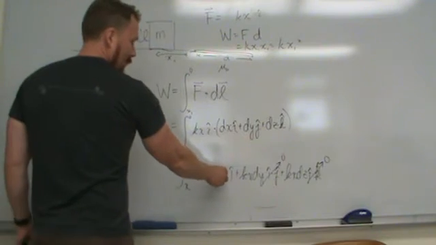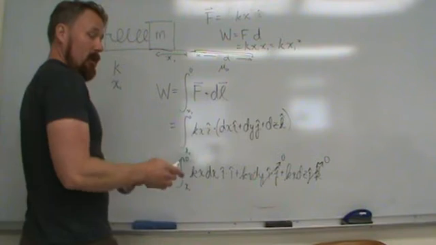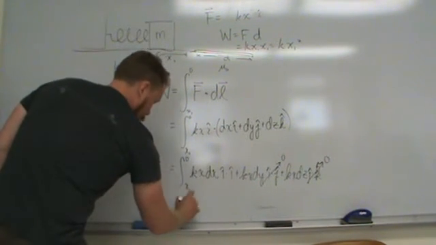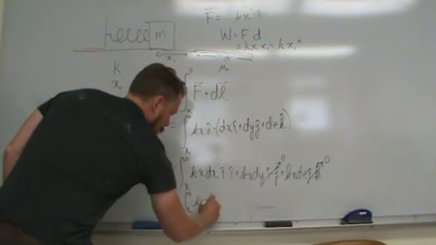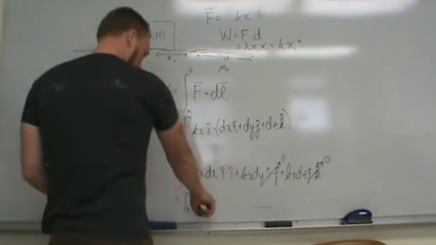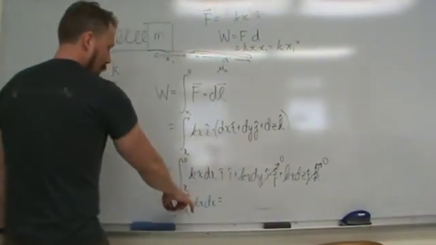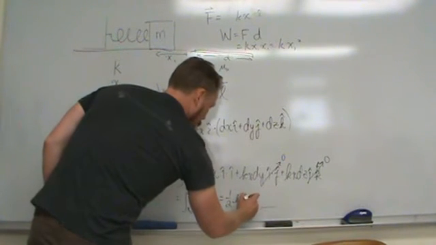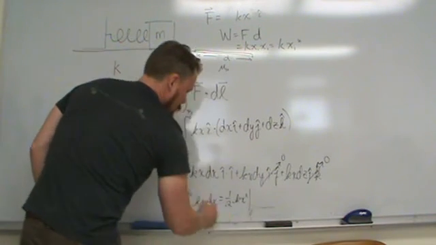So we just get this term, and I hat dotted into I hat gives us 1 because they're in the same direction, so cosine of 0 is 1, and the magnitude of each of these is also 1. So we get kx dx, right? Because the force is in the direction of x, it picks out this dx for us. And now when we integrate this, we get 1/2 kx squared. That's just a little bit of calculus, just doing the integral.